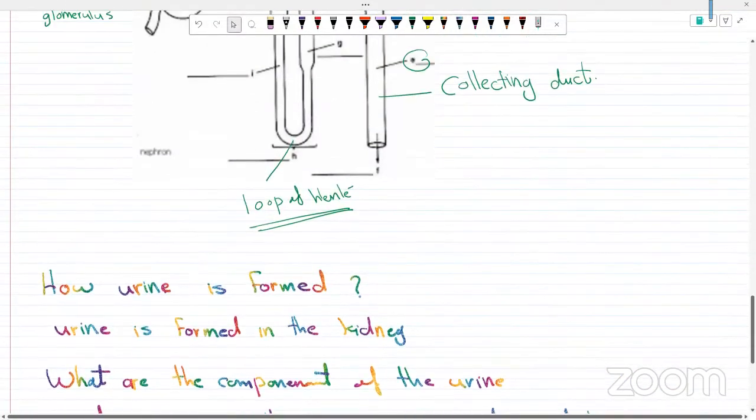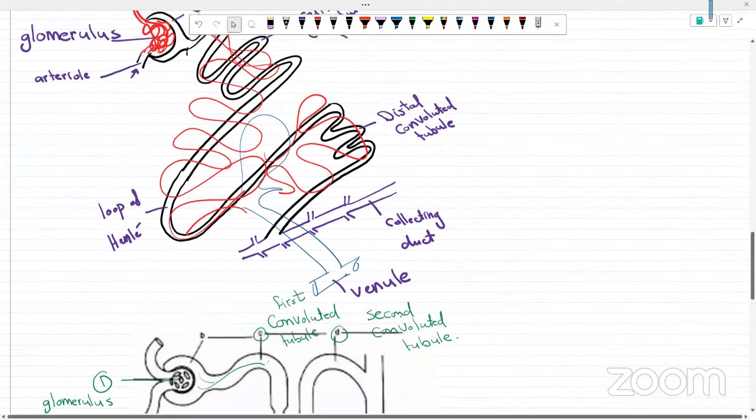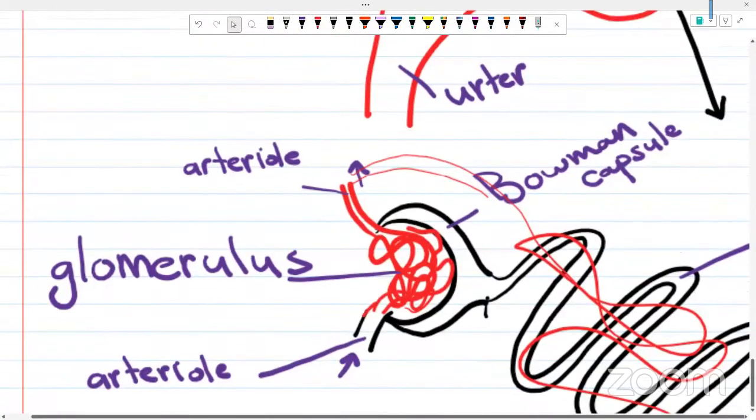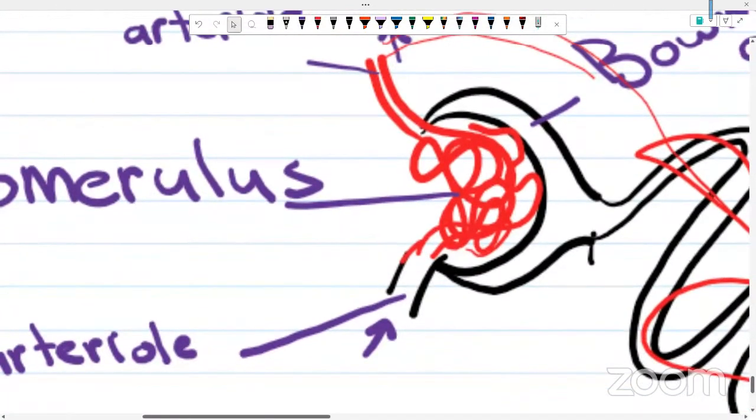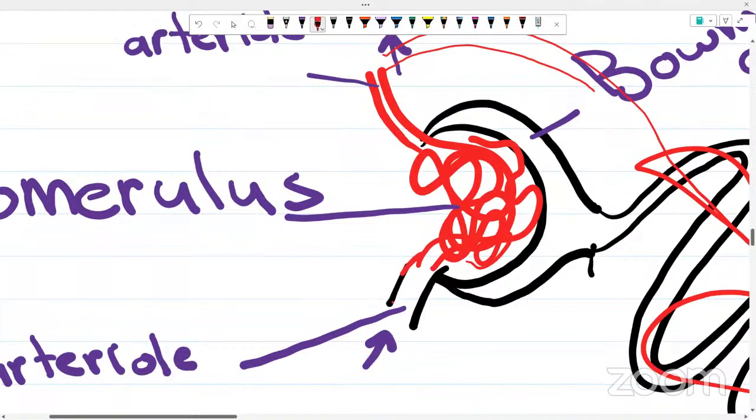Let me go back to the structure of the nephron to see how I drew it. If you see, I drew the arteriole which carries the blood into the glomerulus wider, having a wider diameter compared to the one which carries the blood out of the glomerulus. Do you see the difference in the size or not?